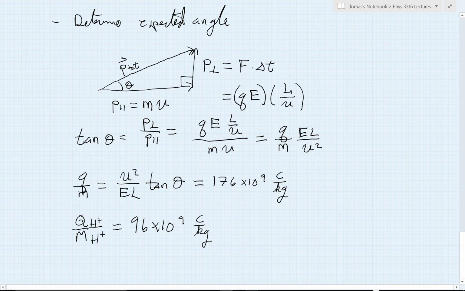Now, we can do something very interesting here. That's million, not billion. Pardon me. We can do something very interesting here.